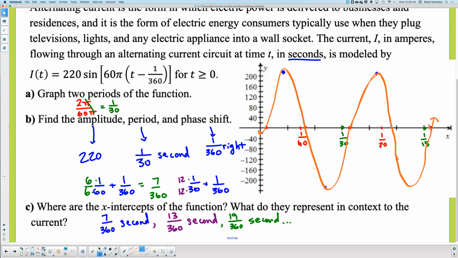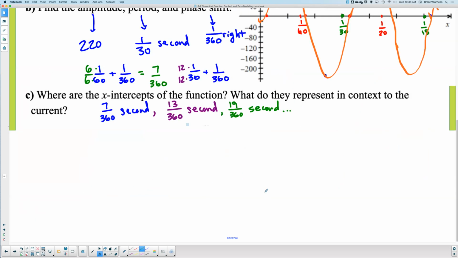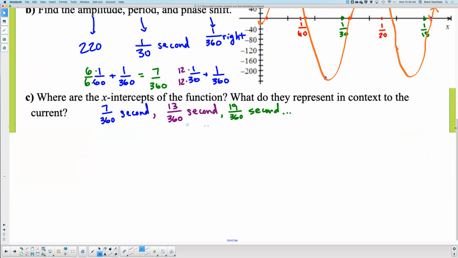Okay, so what does it represent in the context of the problem? It's where our current changes from positive to negative. With electricity, you have a positive current and a negative current, and they flip-flop very fast. It's the change of positive to negative current of electricity.